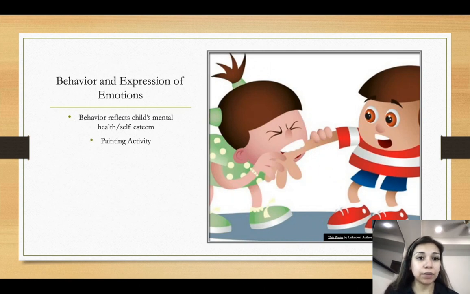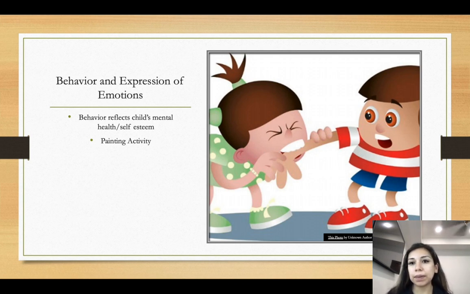Behavior and expression of emotions. There is a connection between a child's behavior and the way that they express themselves. It reflects their mental health and their self-esteem. Obviously, a student who may have underlying self-esteem issues might lash out in the classroom.